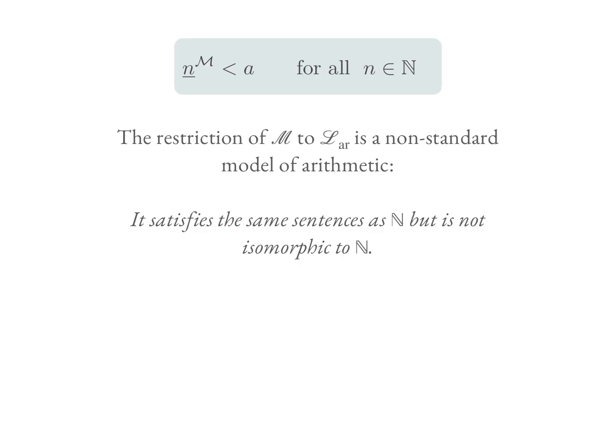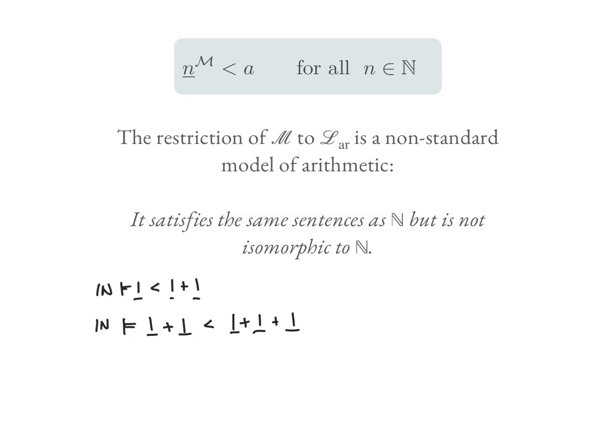It satisfies the exact same sentences as the natural numbers, but it is not isomorphic to N. And the reason for this is that we have this element A. That still remains in the model, even though in the restricted language we don't have a name for it, but it's still there in the universe. That element cannot be mapped bijectively to anything in N while preserving all the properties that N satisfies.